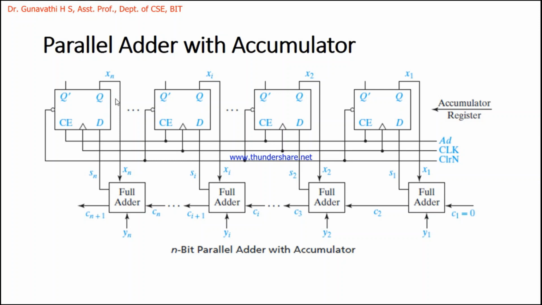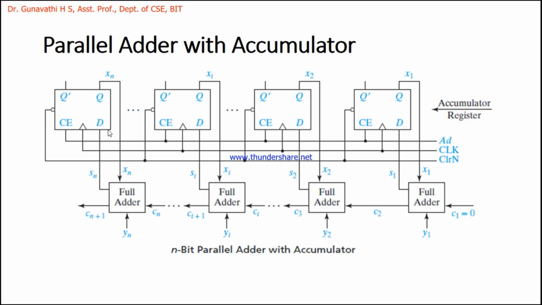Is this clear? Again, here we have a clock enable. Only when this AD signal is high, all these are enabled, otherwise they are disabled. Also we have a control signal, the clear signal. If the clear bit is 0, then all the flip-flops will reset. Otherwise, with the application of the clock, whatever data we are loading will be loaded into the register.